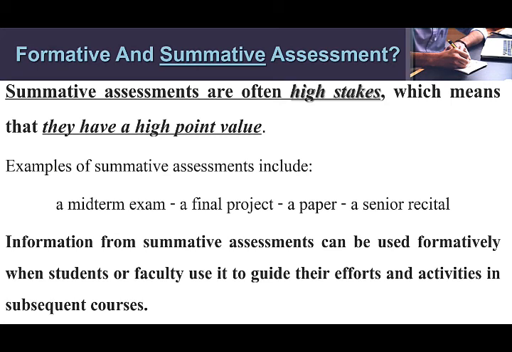The total is 100. Anything included in the total score is summative assessment, unless it is low stakes, 5 marks and less. Other examples are a final project, a paper, a senior recital.